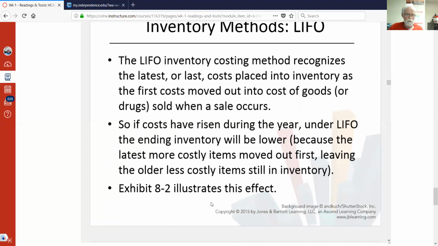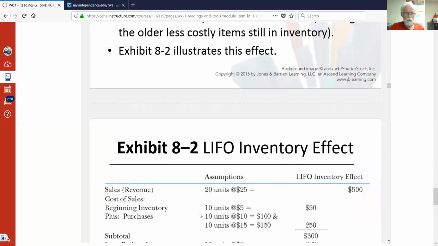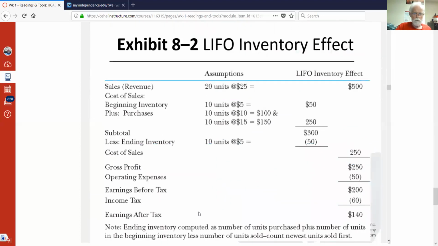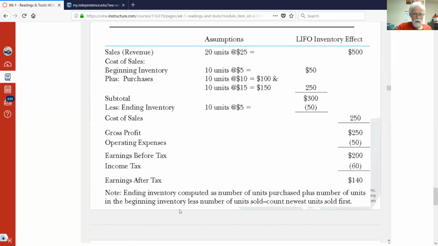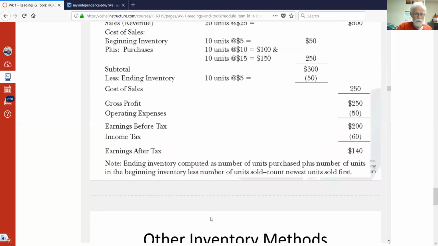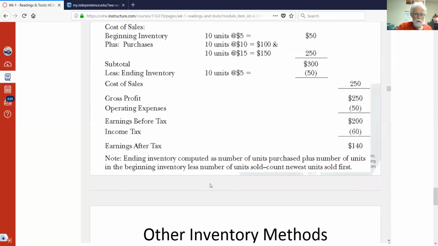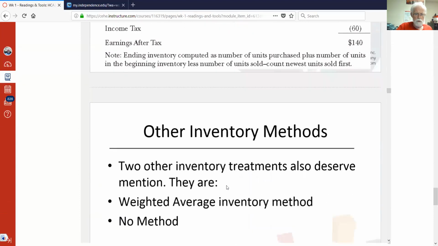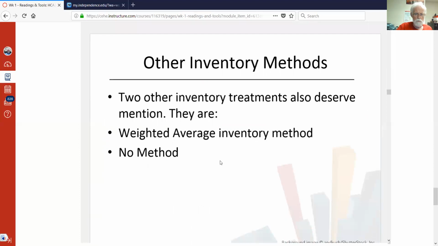Generally we'll let our accountant decide what's best for us, but we have to keep in mind the inventory effect.